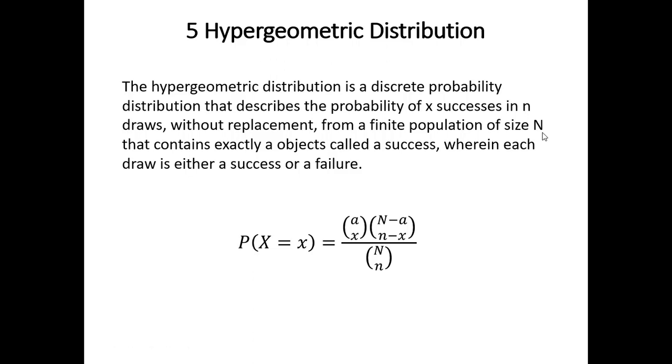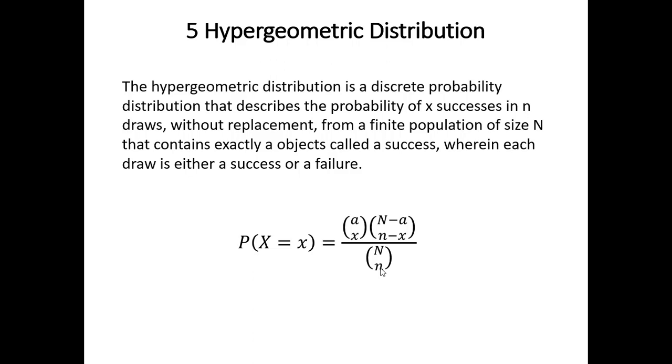And this population contains exactly, let's say, A objects that we'll call a success, wherein each draw is either a success or failure. So the probability that our random variable x is equal to a certain value is equal to A choose x times N minus A choose n minus x over capital N, that's the size of your population, choose lowercase n, that's the size of the sample.